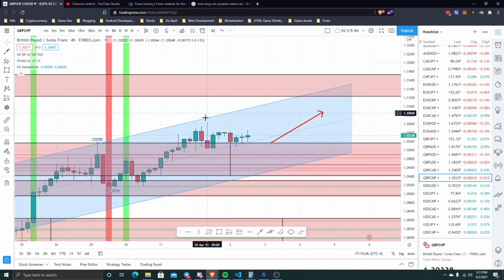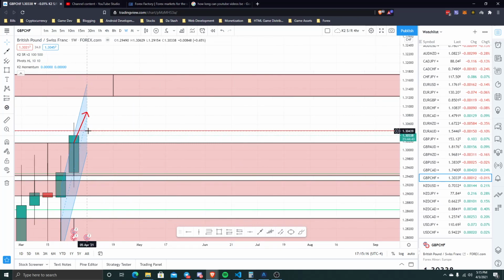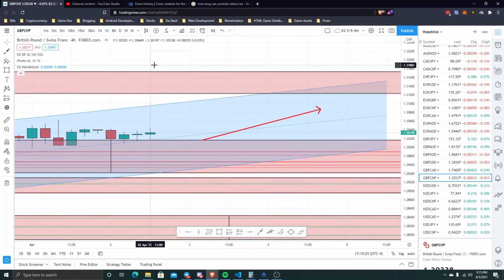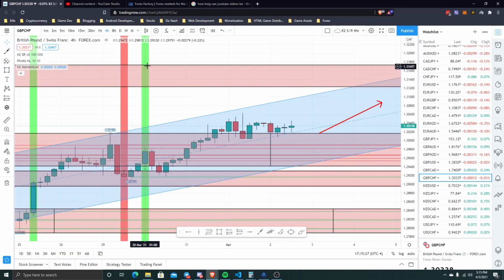And as you can see on the 4-hour, it's just continuously wicking this area right here. And that's the wick I was talking about on that weekly. With that weekly zone right here. And like I said, the next weekly zone is here. So I don't know if it's going to continue to the upside here, but we do have that bullish bias.